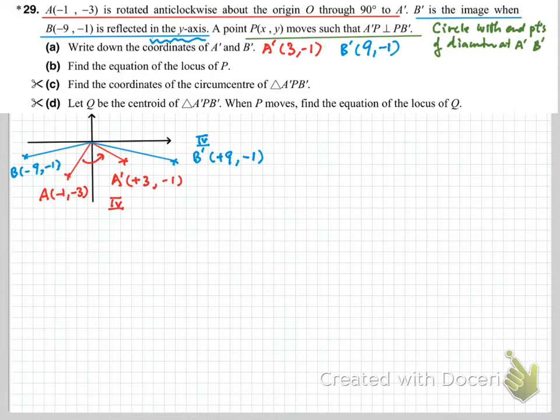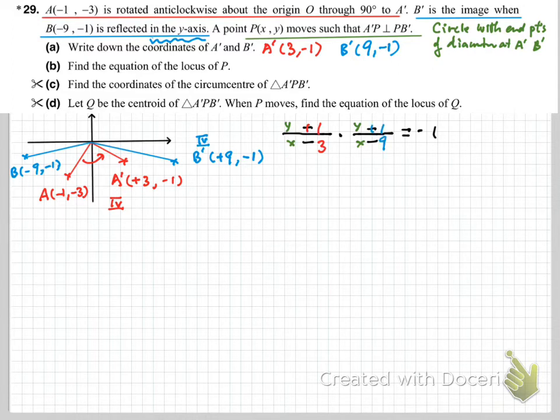Or alternatively, you can do it with algebra. With algebra, the slope of PA prime and PB prime multiplied together is minus 1, right? So point P is x and y, and point A prime is 3 and minus 1. Point B prime is 9 and minus 1, right?